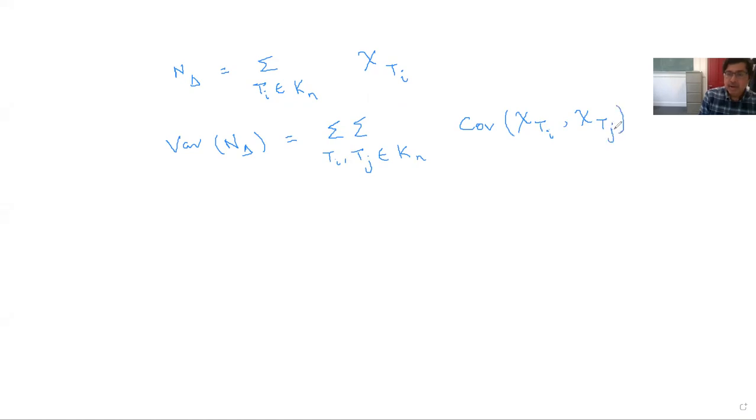So we want to compute for every possible pair of triangles what the covariance is. And let's do that with pictures.